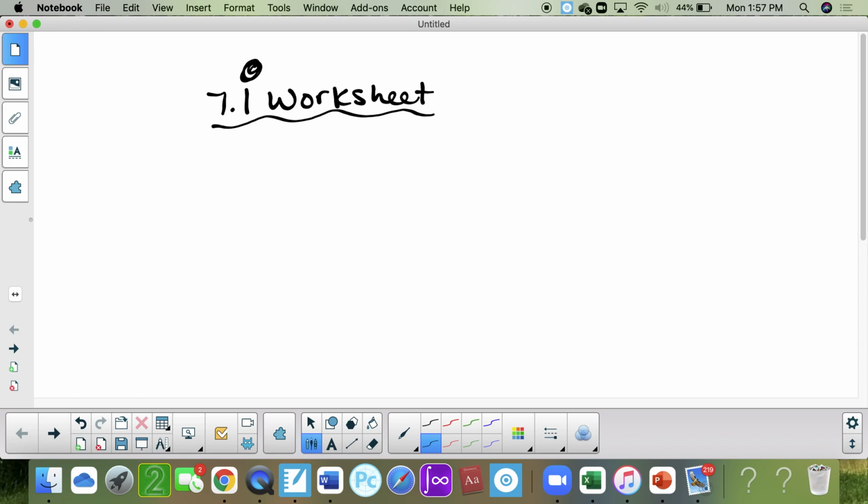So the first problem on the 7.1 worksheet, the stipulation is the sine of theta is equal to 2 over 5. You are in the first quadrant, and you are trying to find the cosecant of theta.